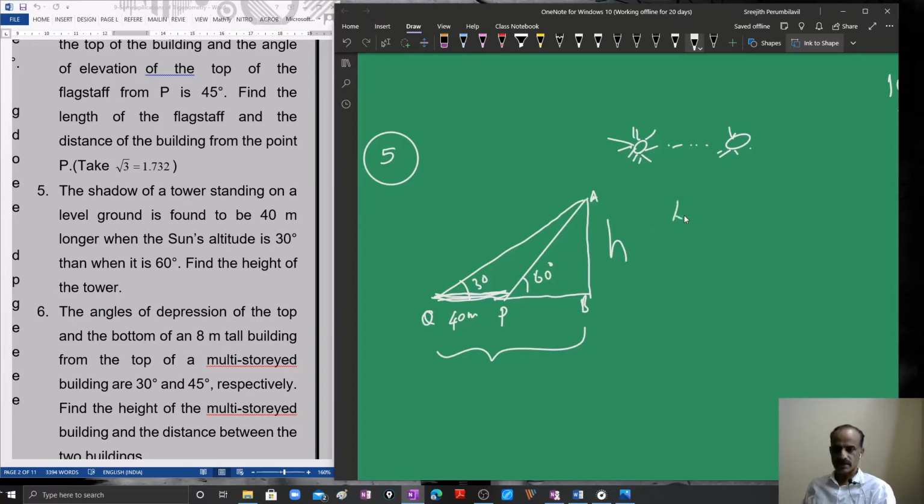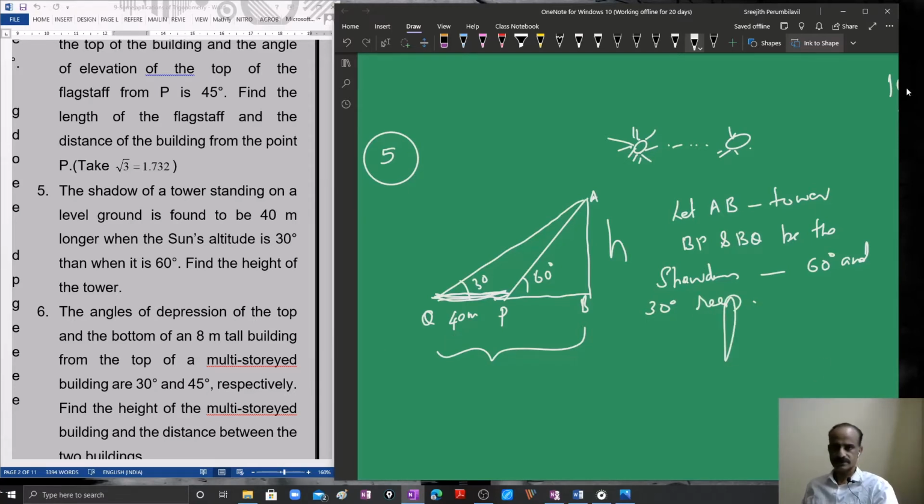So we'll write: let AB be the tower, BP and BQ be the shadows when the angle of elevation, or sun's altitude, is 60 degrees and 30 degrees respectively.